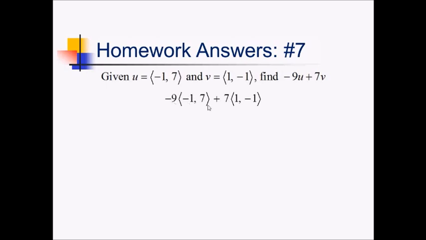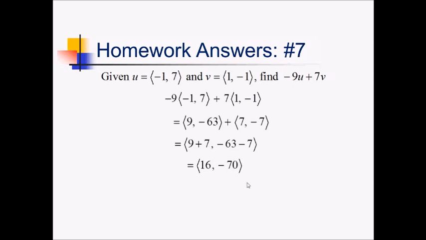So distributing this first one, I've got 9, comma, -63, plus distributing the 7, we've got 7, comma, -7. Now I'm going to add the x's and the y's separately. So I've got 9 plus 7, comma, -63 plus -7, or -7. So adding all that up, we've got 16 for the x, comma, -70 for the y.